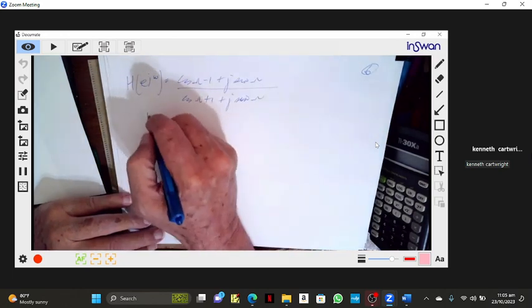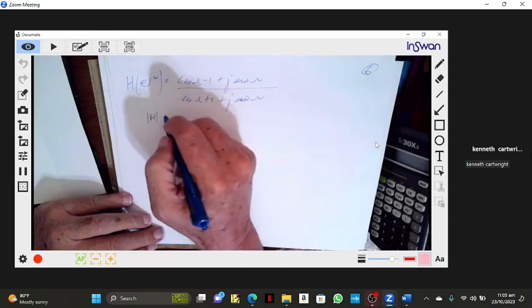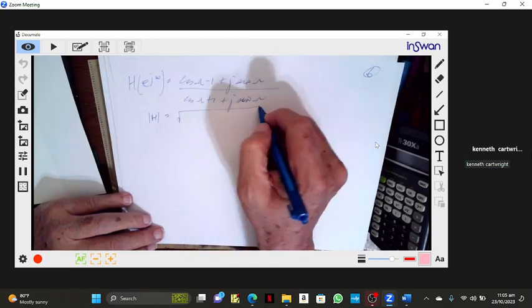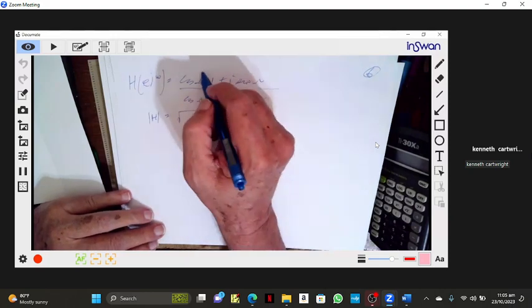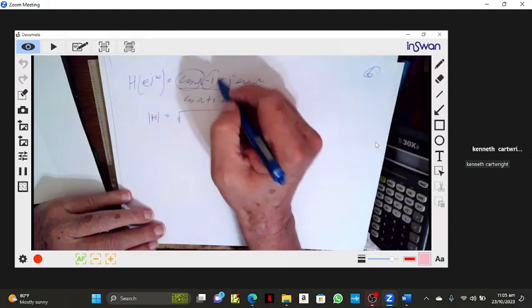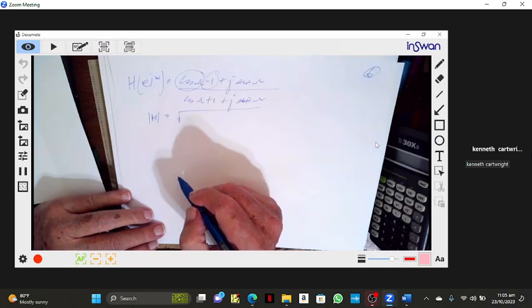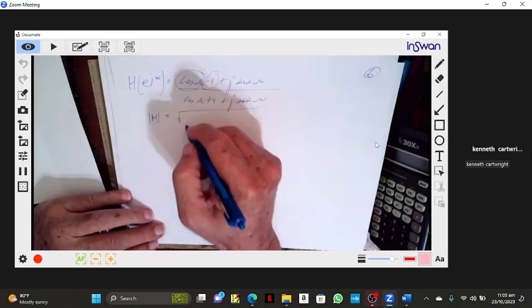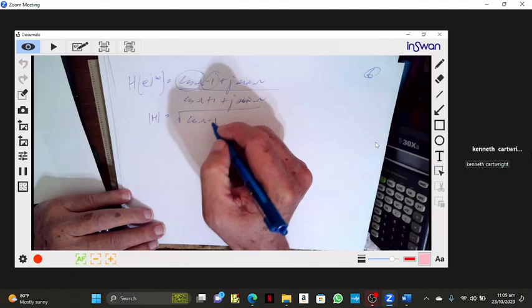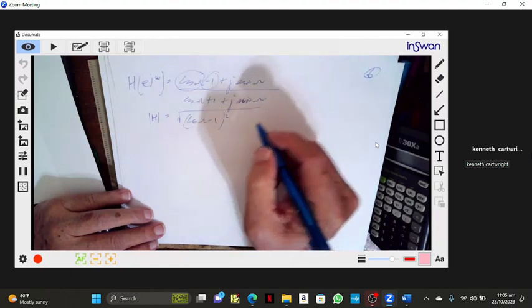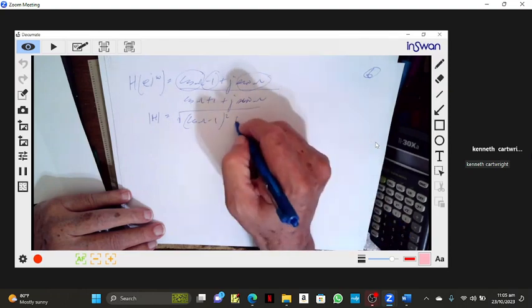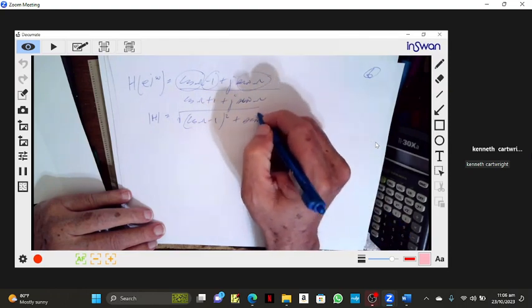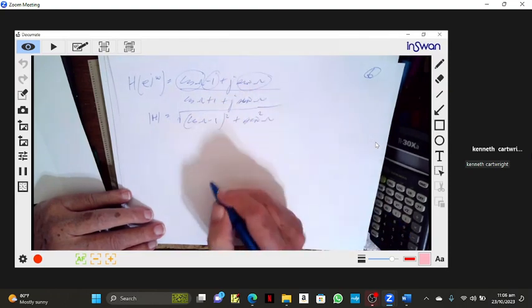Okay, so the magnitude of H is the square root of the real part squared plus the imaginary part squared. Is this a real part? Yes. Is this a real part? Yes. So the entire real part is the sum of those two, and we can square that. There's the imaginary part, and we're going to square that.